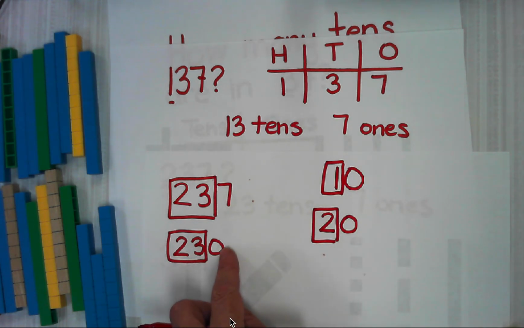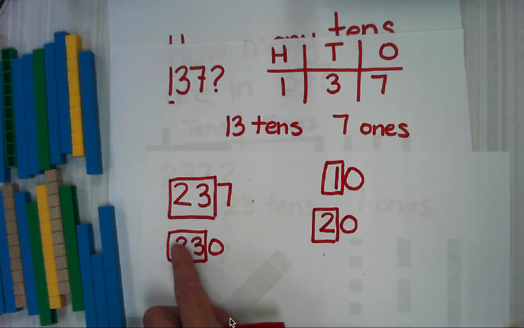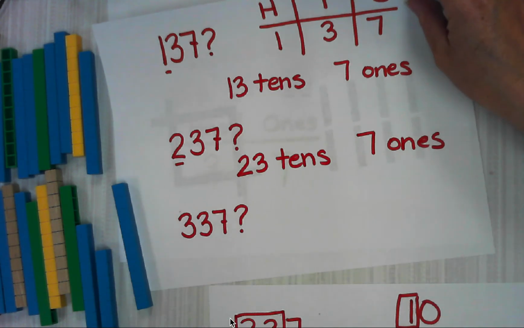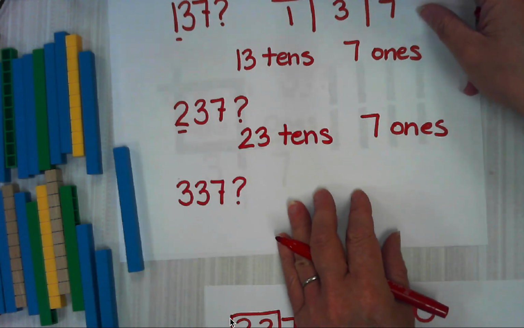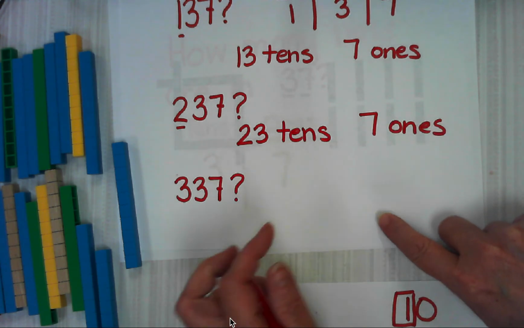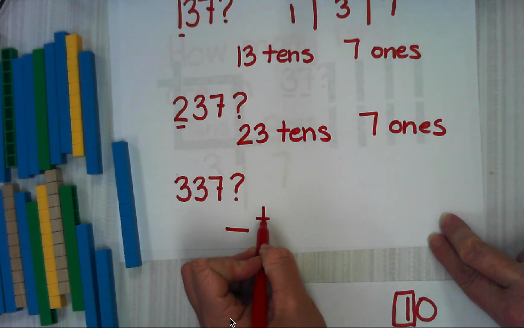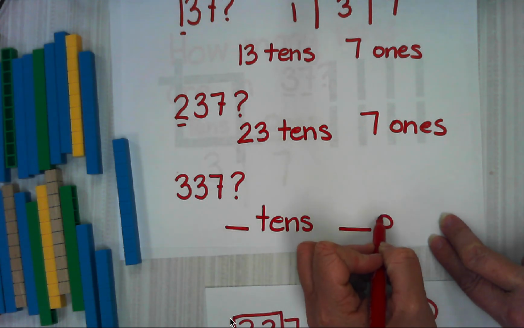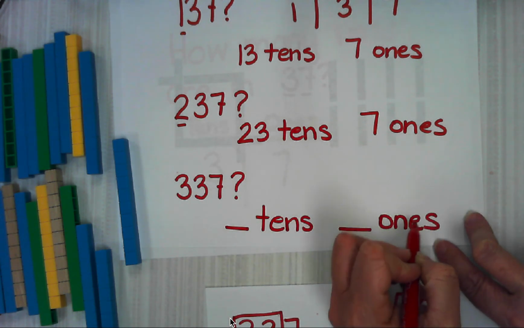So 230 is 23 tens. I would like you to work out the last one. 337. How many tens and how many ones are in 337? If we're not using any hundreds.